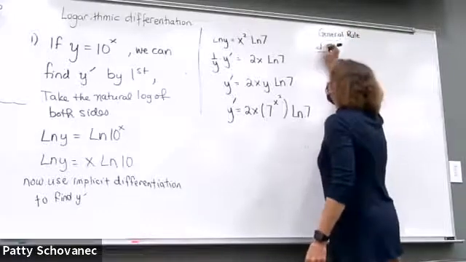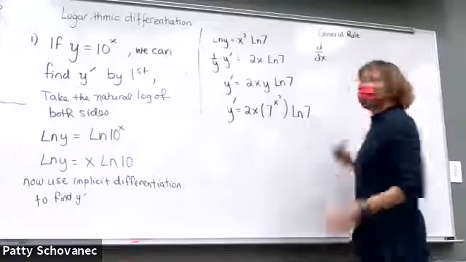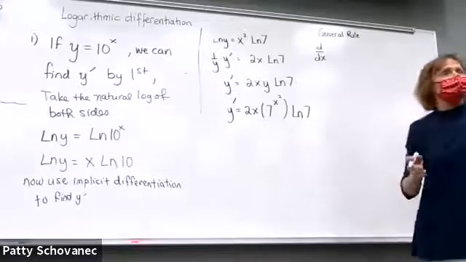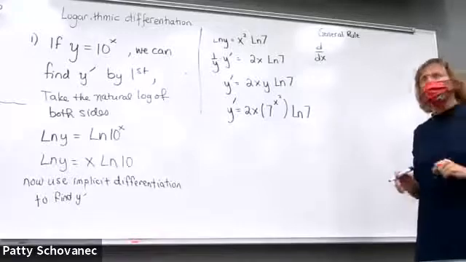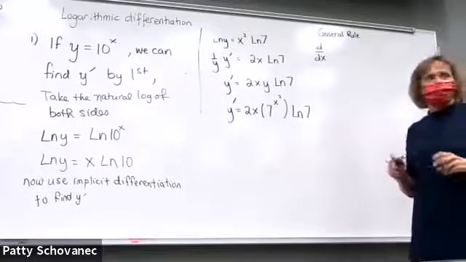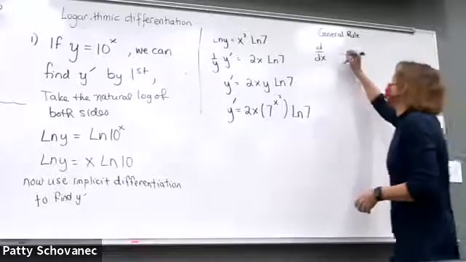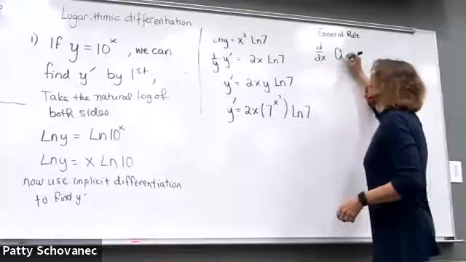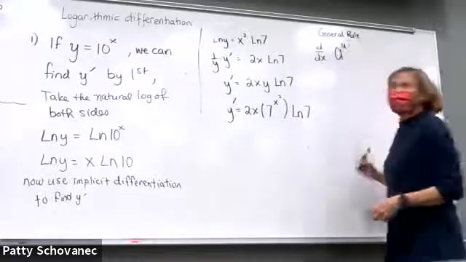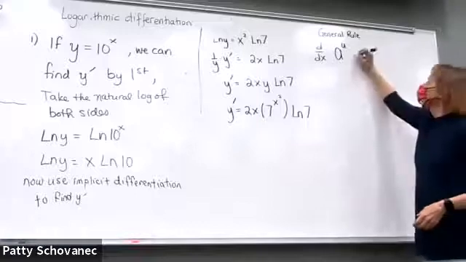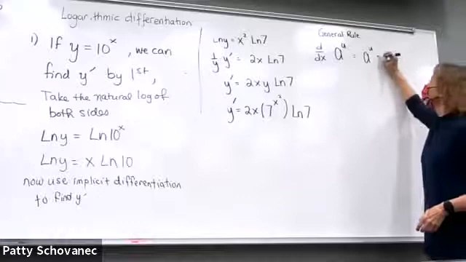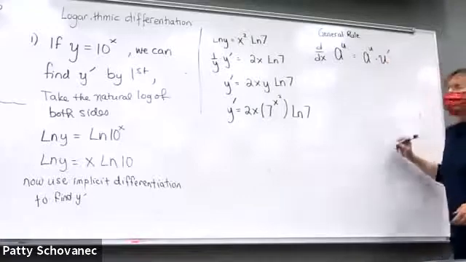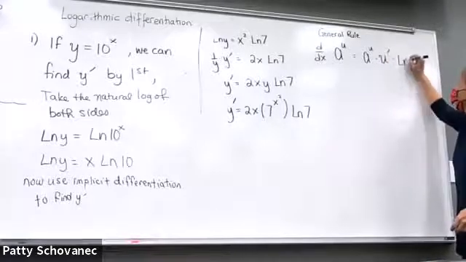So as a general rule, the derivative with respect to x of some number. This rule is important. I'm going to use a as my number and use my function of x. We get the function back times the derivative of the exponent times the natural log of the base.